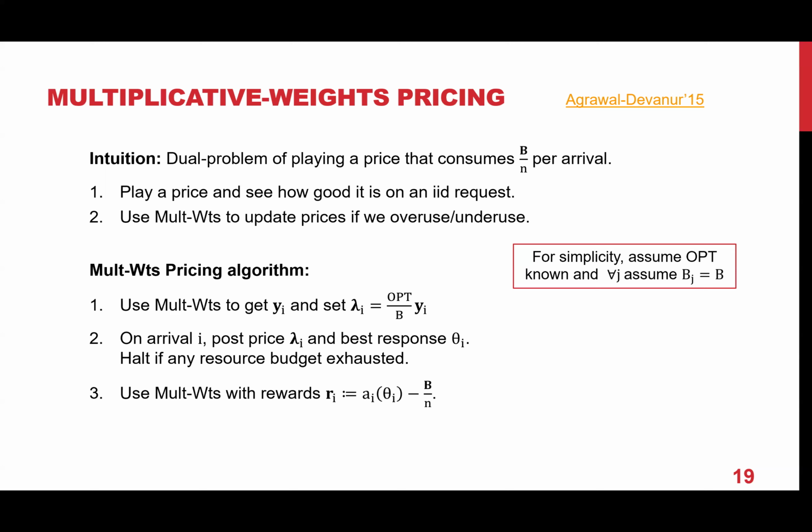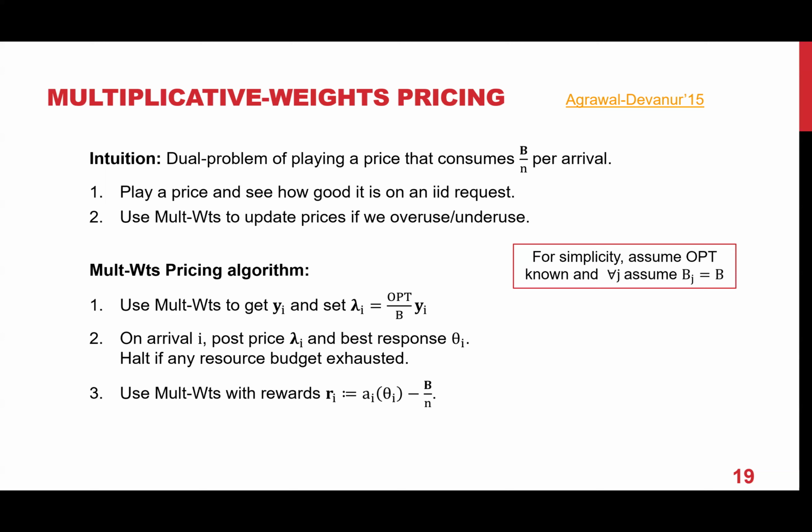Yi is the distribution multiplicative weights was playing over experts. And in each round, the reward that I will send to any expert, in the ith round, the reward vector will basically be how much I consume. This Ai is also an m-dimensional vector. So for each resource, how much I consume, minus this B over N.